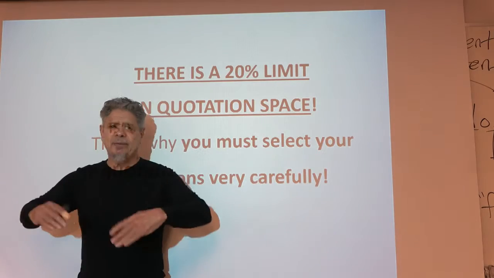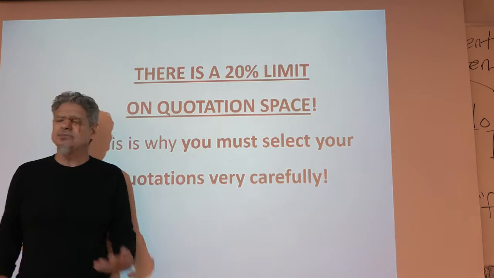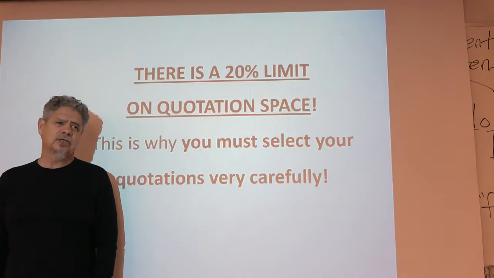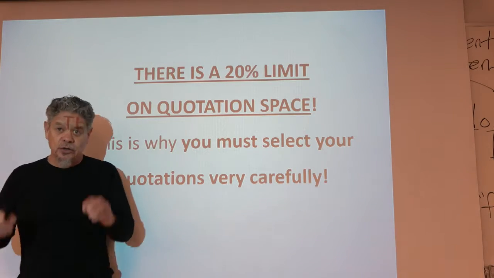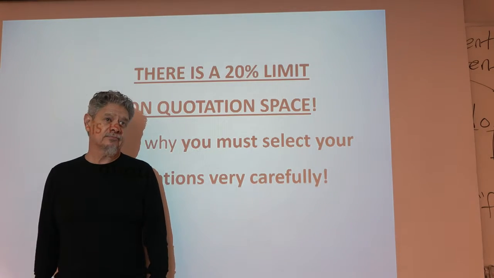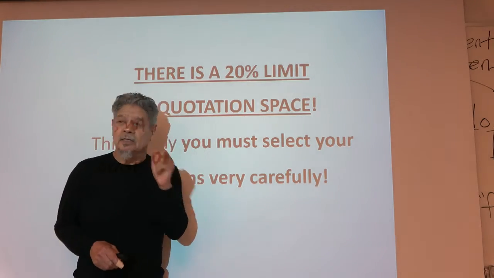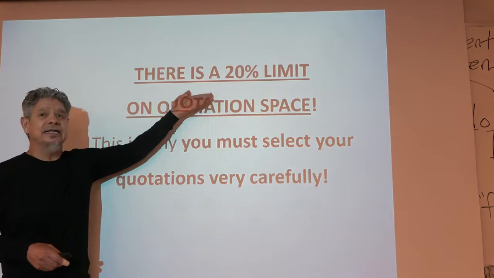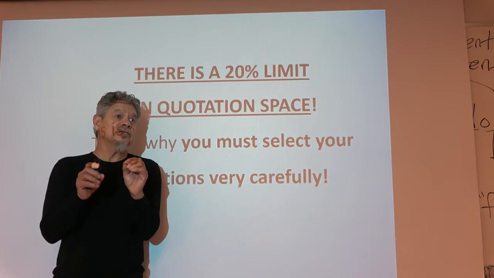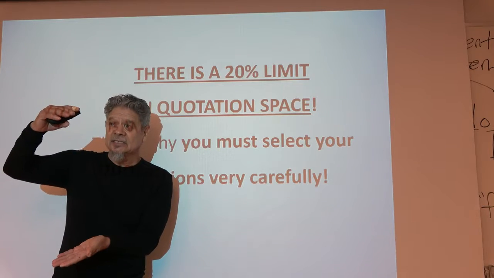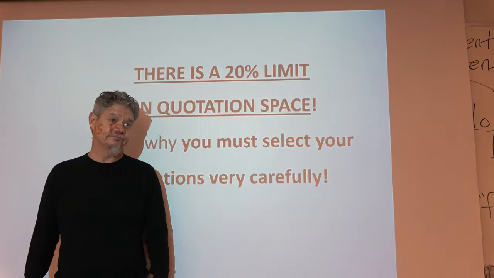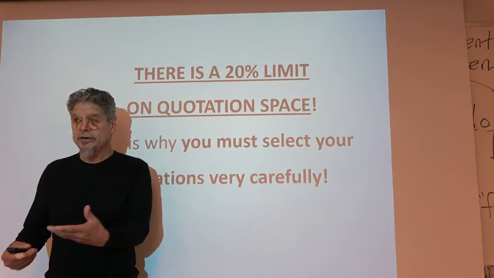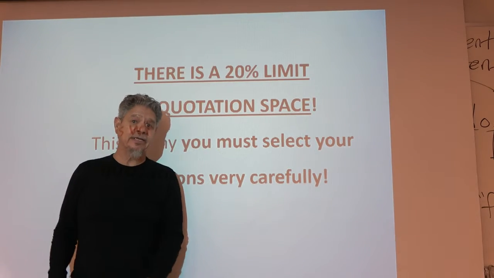And your paper has 20 lines. 20 lines. And you have included some quotations. This means the 20% limit is that your quotations in 20 lines cannot be more than 4 lines. 4 is 20% of 20. Is that correct?